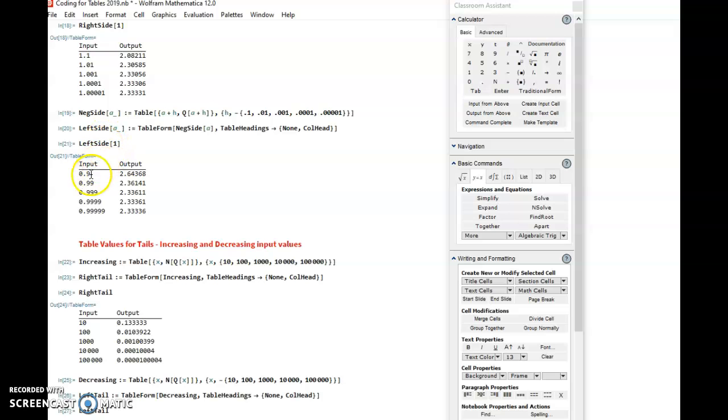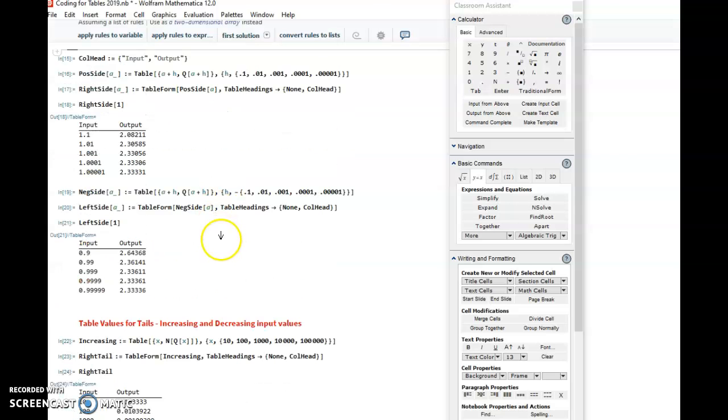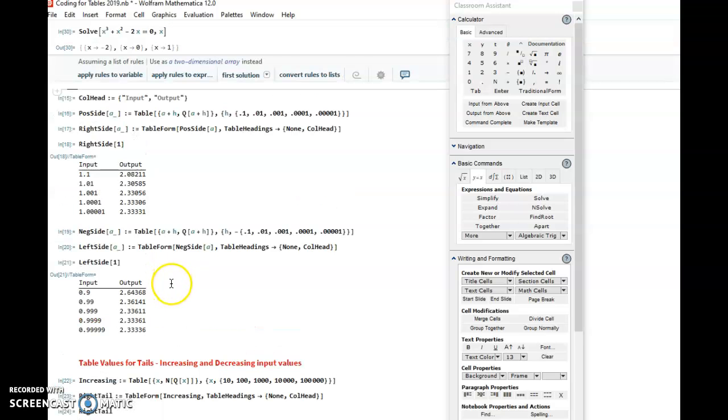And as I approach 1 from the left side, the function is also approaching 2.3 repeating. This is the numerical evidence in Mathematica showing us that the limit exists as x approaches 1, because the right-handed limit is equal to the left-handed limit and is approaching 2.333, or 2.3 repeating.